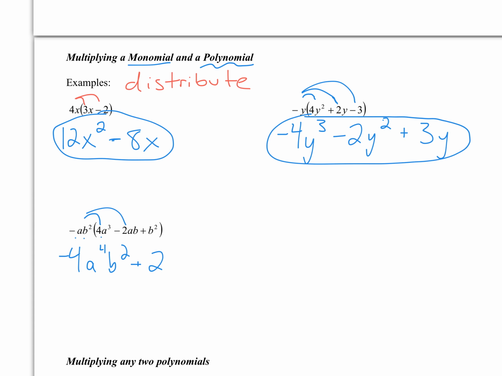A and a is a squared. B squared and b is b to the third power. Distribute that to the last term. Negative. You'll have an a and then b squared times b squared is b to the fourth power. So we want to look. There's no like terms. That means this is simplified, and we're good.